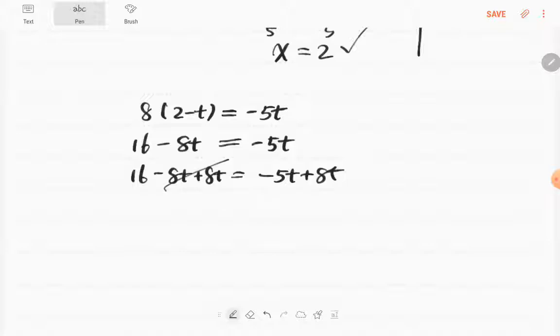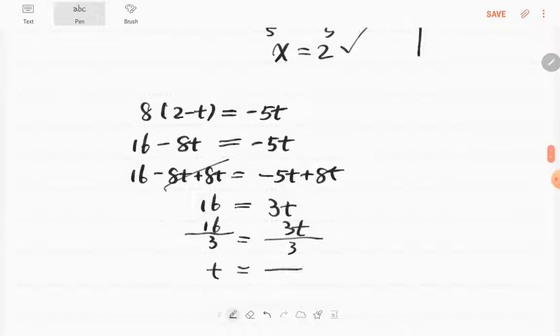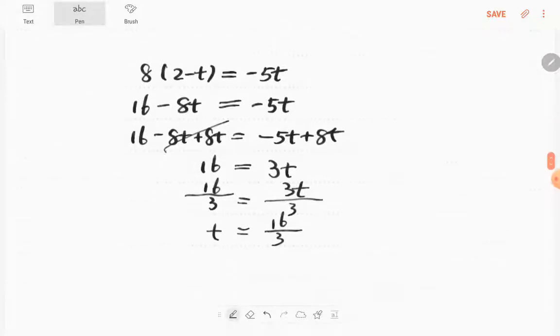Then we realize on the left side we only have a number, and on the right side we only have the variable, right? After that, divide both sides by 3 because the coefficient of the variable is 3. So last step, t is equal to 16 over 3.